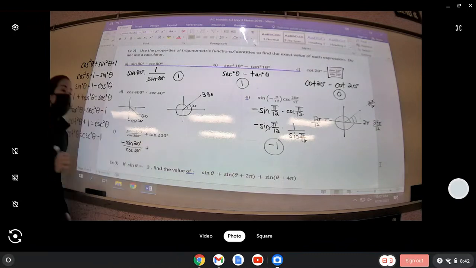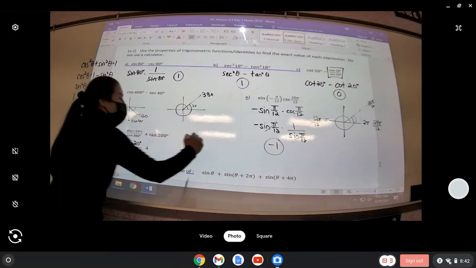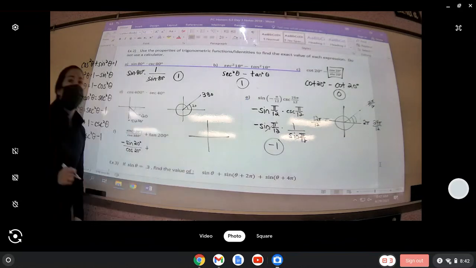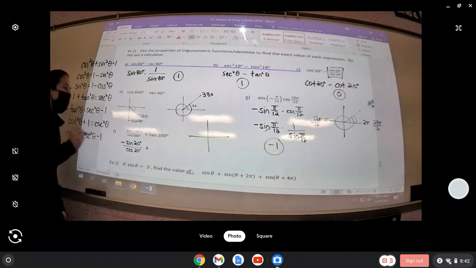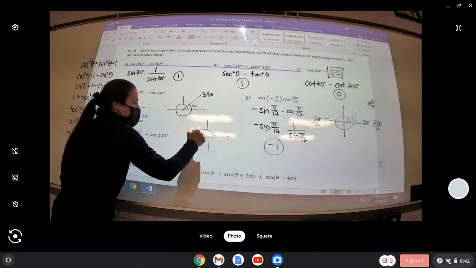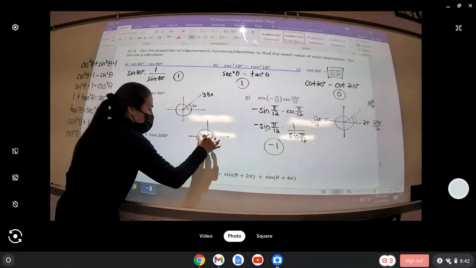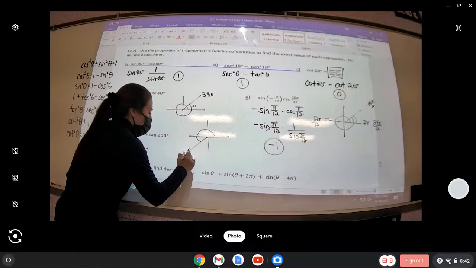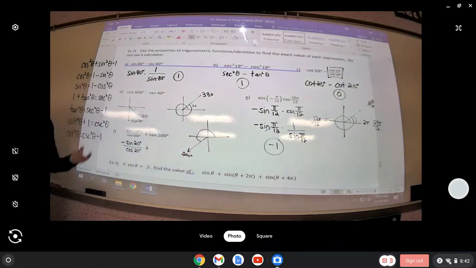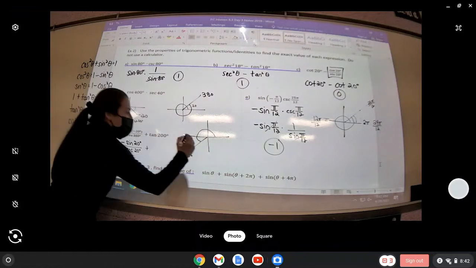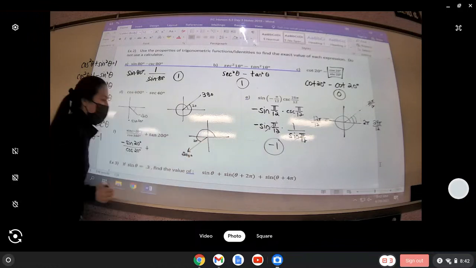And then plus tangent 200, guys. We've got to rewrite 200 degrees in terms of a reference angle. Where's 200 degrees? Well, there's 180 degrees. So I've got to go 20 more degrees to get to 200. So really, your reference angle is 20 degrees.